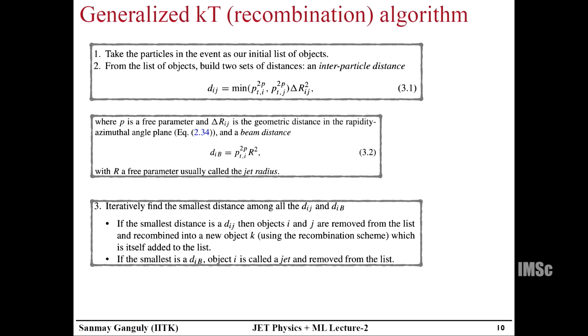Once this is done, you go back to step 2, keep doing one step after another, and finally you have a bunch of clusters, separated from each other by a distance larger than the jet radius parameter itself. Then you say I have so many jets: when I started from, let's say, 30 input particles, I converged on 5 jets for those 30 particles. Right.